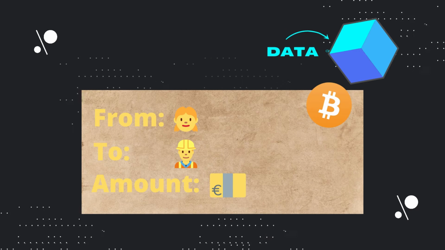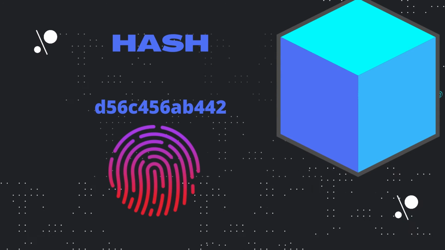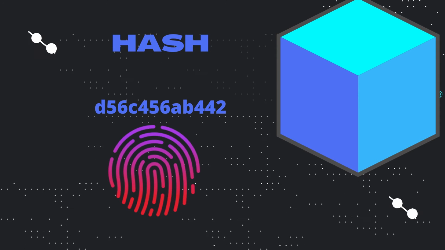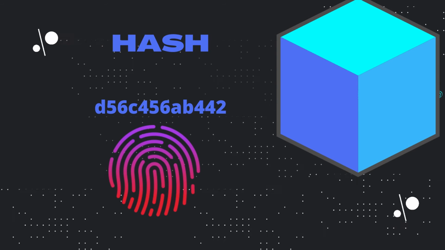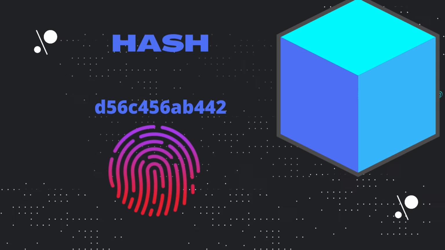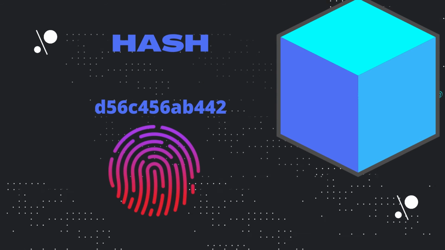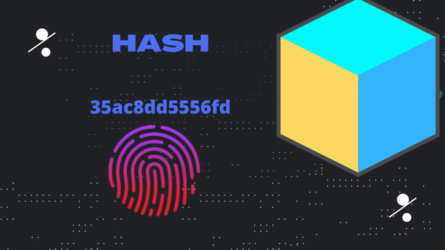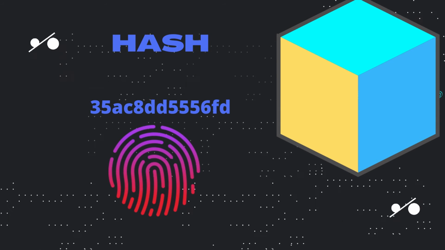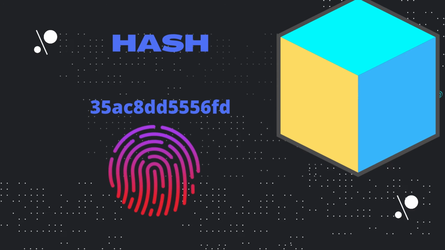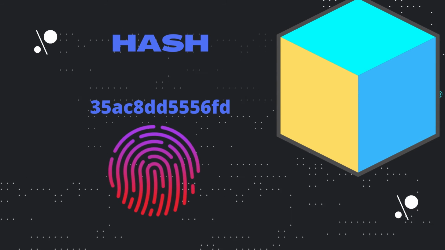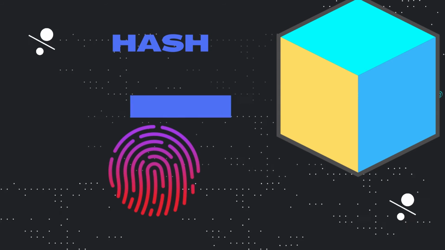A block also has a hash. A hash can be compared to a fingerprint. It is always unique and identifies a block as well as all of its content. The hash of a block is calculated after it is created. The hash will change if something inside the block is changed. As can be seen, it is very useful for detecting changes in blocks. A block is no longer the same if its fingerprint changes.